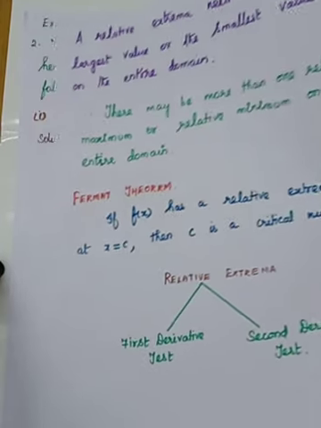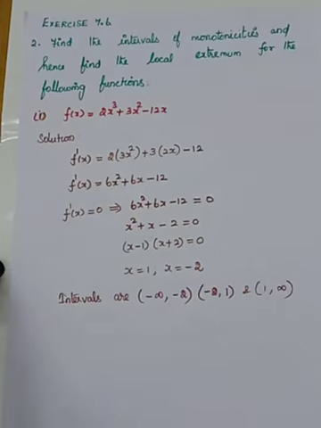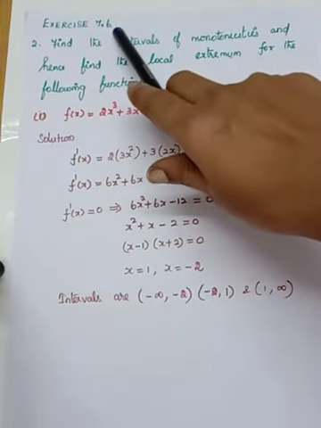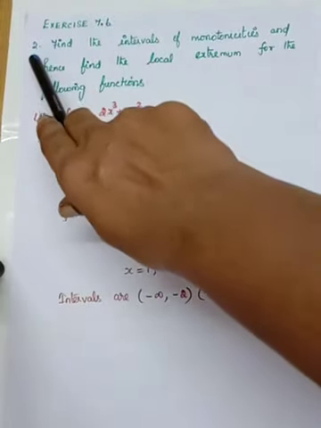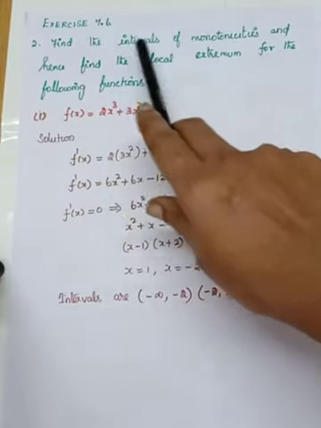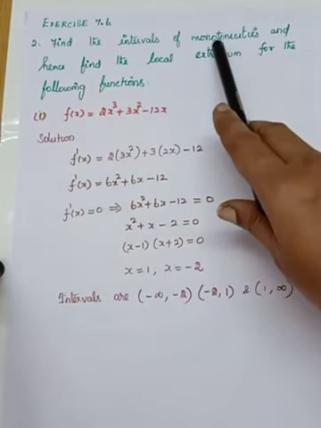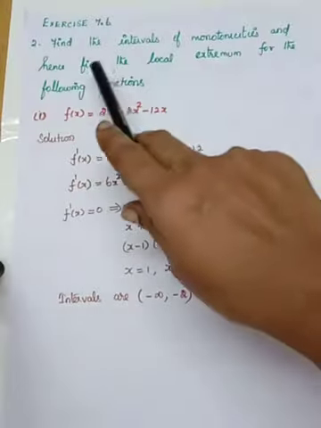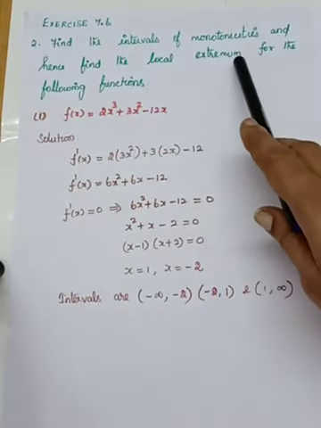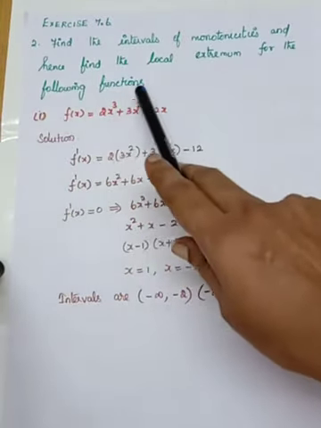Now we are going to see how to find the relative maximum and minimum, or local maximum and minimum, using the first derivative test. For that, in exercise 7.6 I am moving to the second problem. Find the intervals of monotonicity and hence find the local extremum for the following functions.